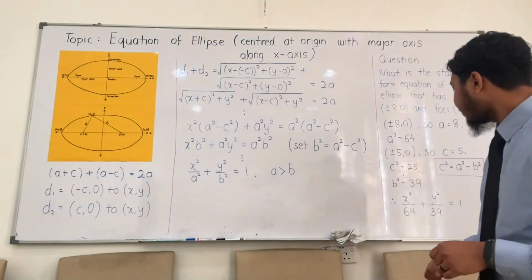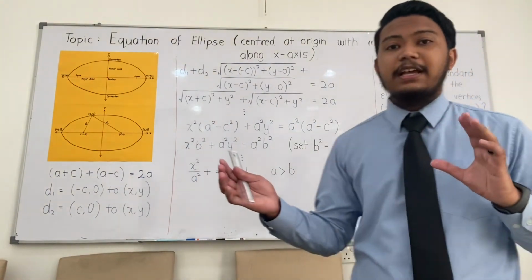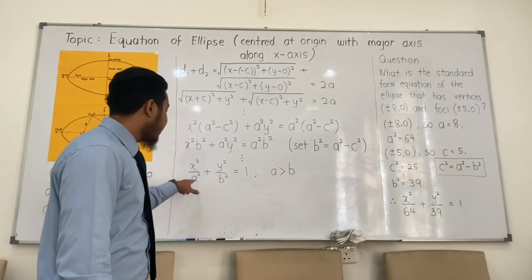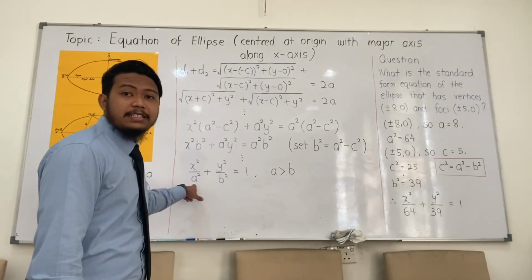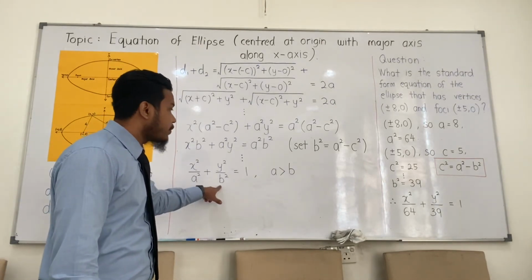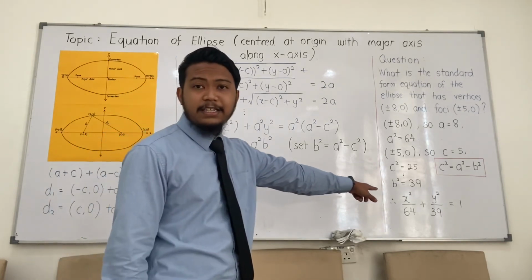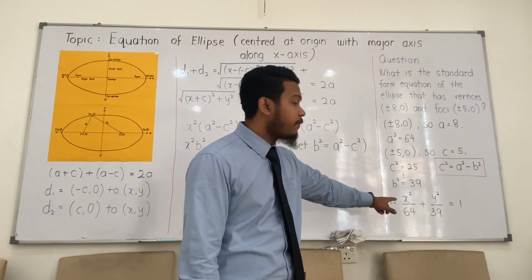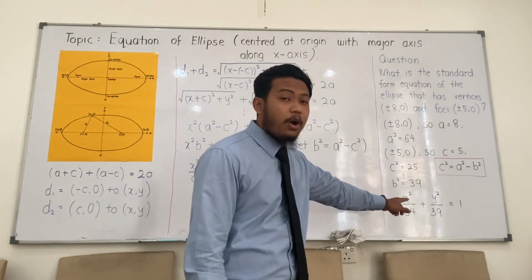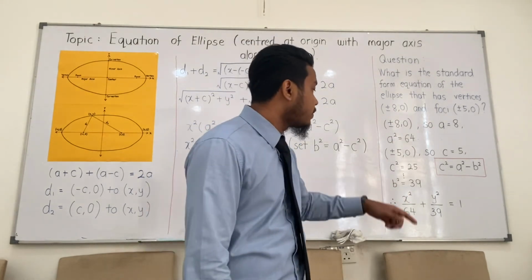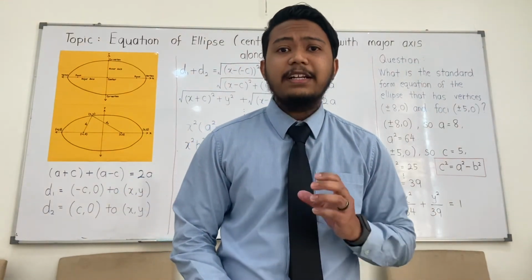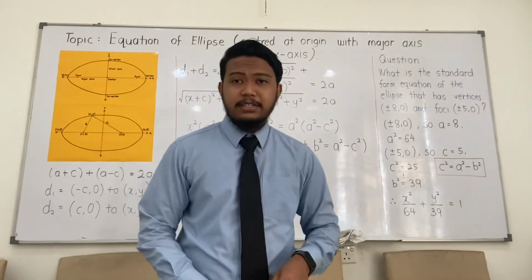Okay, then we go back to the standard form by substituting the answer for a squared and b squared in the final answer. So we get x squared over 64 plus y squared over 39 equal to 1. So that's the final answer for this question.